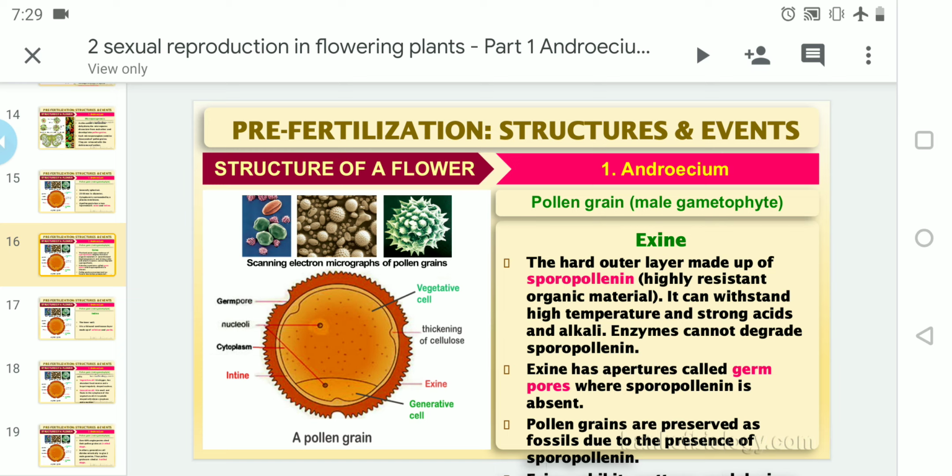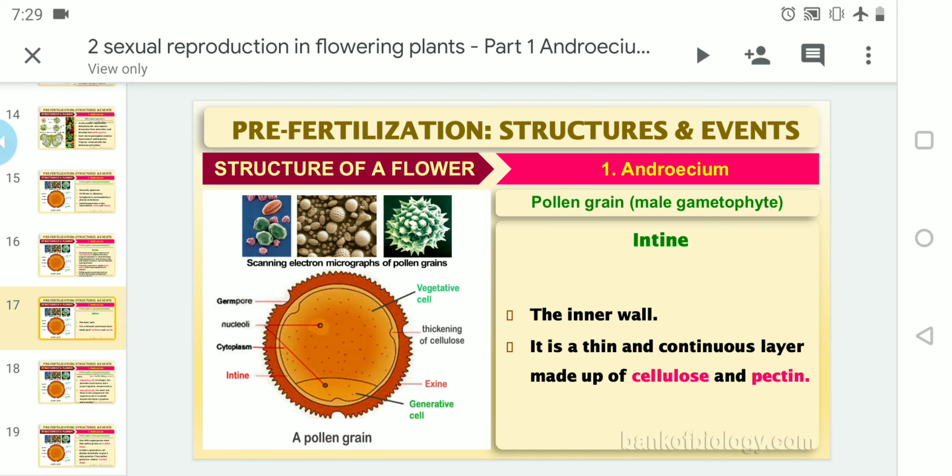Because of this nature, it cannot be easily degraded. So these pollen grains are preserved as fossils due to the presence of sporopollenin. And after this, the intine is the inner wall layer of the pollen grain. It is a thin and continuous layer made up of cellulose.